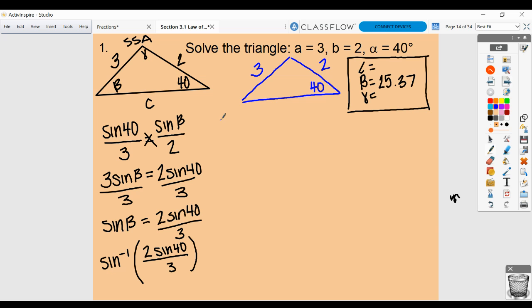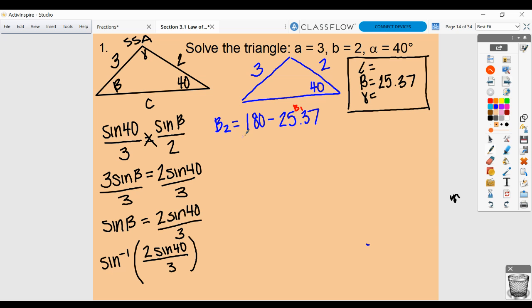And I'm going to call this beta 2. In order to figure out what beta 2 is, you need to see if the angles are going to add up to 180 degrees or not. So beta 2 is going to be 180 minus that 25.37 that you found before. So I'm going to put this as beta 1, so then you know that that's what that is.